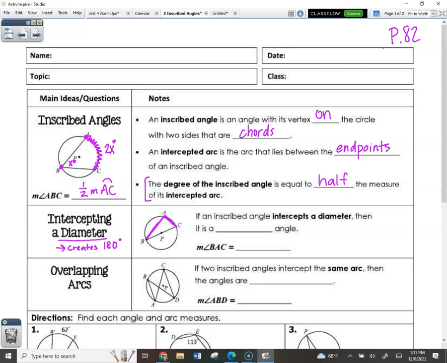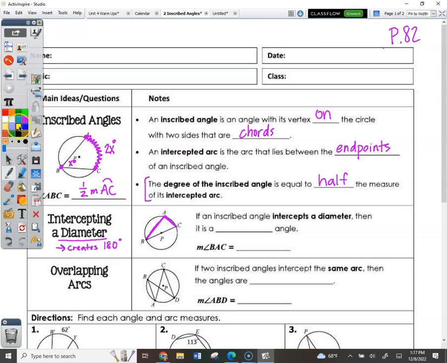I'm going to go over here to the side that the angle is not on, so it's less crowded. So this angle is opening up to this arc, correct? And that arc is a semicircle, right? Do you remember a semicircle is when it's exactly half the circle? Yes? So how many degrees is it?